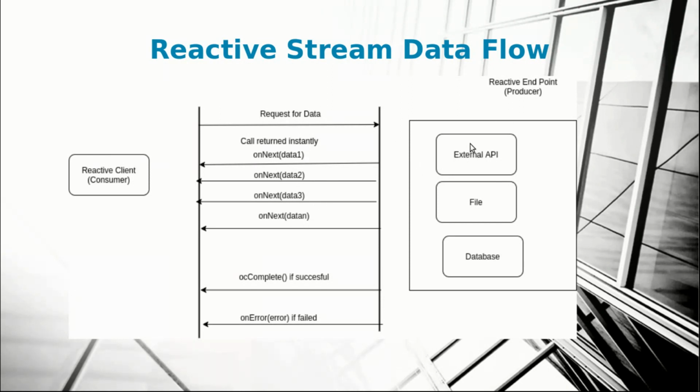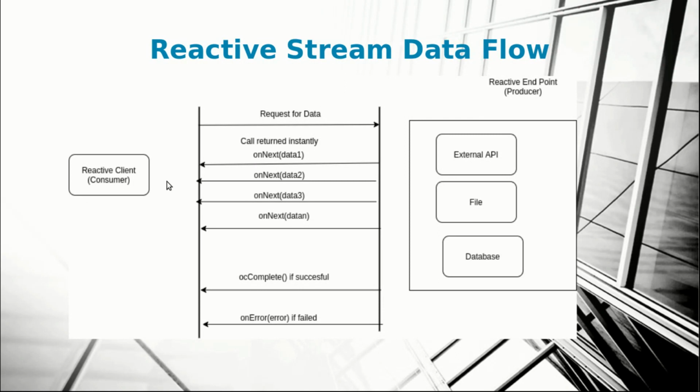Once the data is processed by the external API, it will call onNext on the consumer: onNext data 1, data 2, data 3, data n. Once the data stream is completed, the producer will send an onComplete event, and if there is an error, it will send an onError event. Based on the event, it will either collect all the data or get the error response.